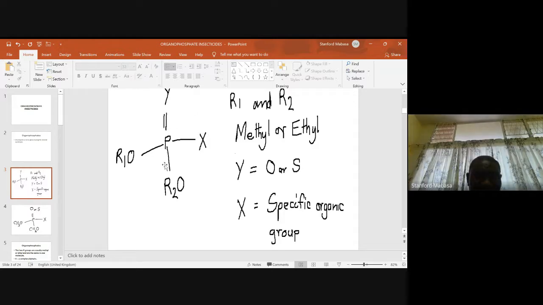We have got a central P in the molecule, and we have got either methyl represented by R1 or ethyl represented by R2. So an ethyl group via the oxygen atom is attached to phosphate. Then the Y is either oxygen or sulfur, and the X is a specific organic group, normally referred to as the leaving group.